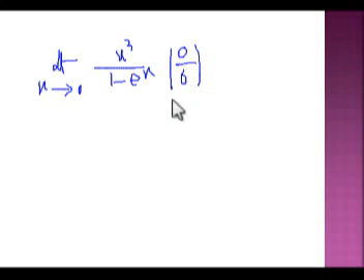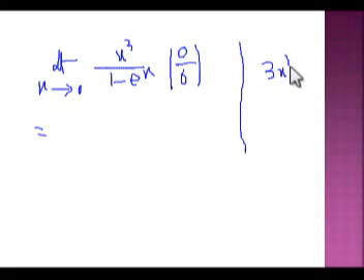Then what will we do? We will do the differentiation of both. The first differentiation we will do in rough. So it will be 3x square, and in the denominator we will get minus e to the power x.